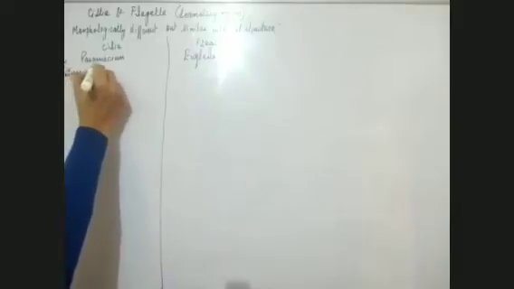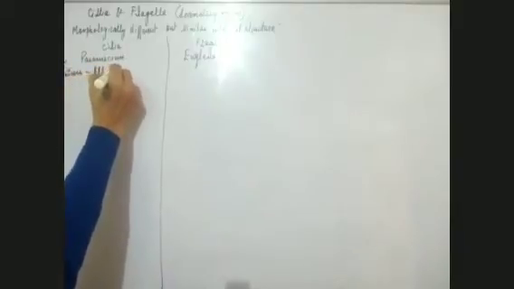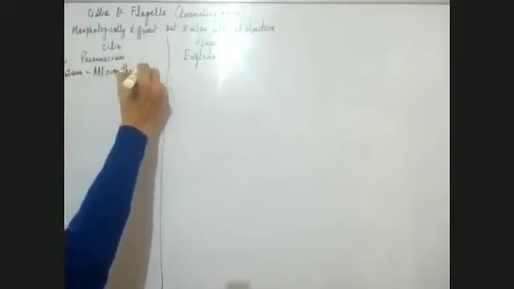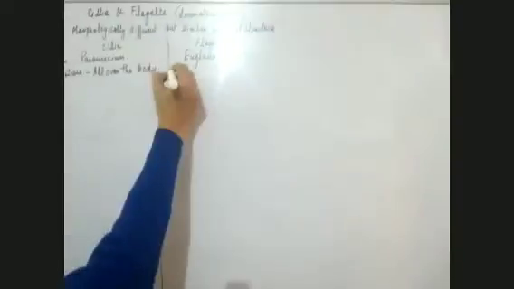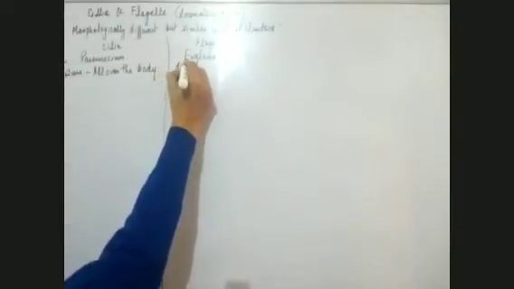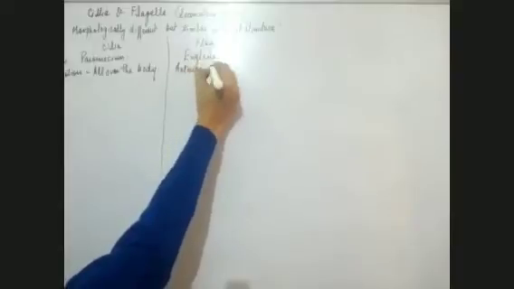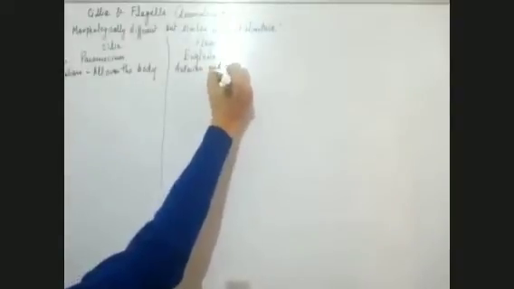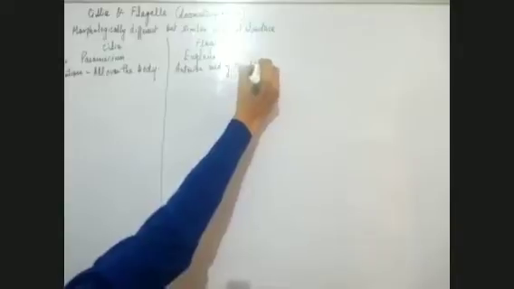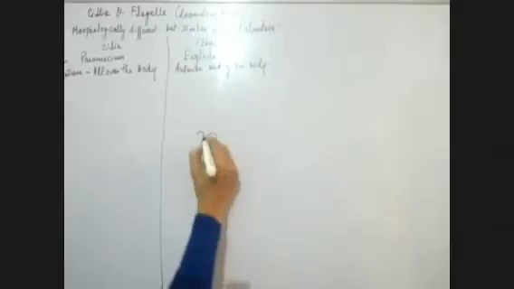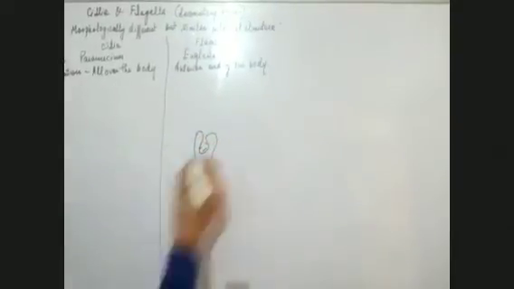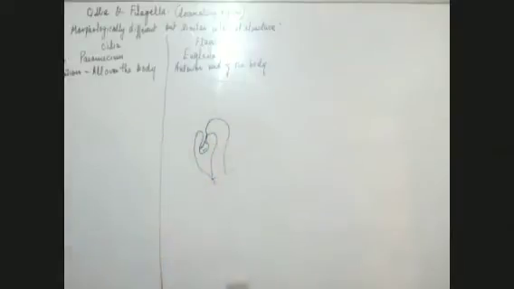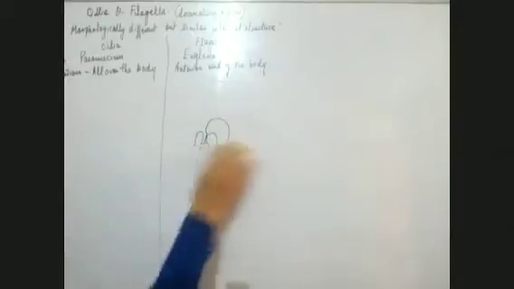These are present all over the body in paramecium. And in case of euglena, the flagella is present on the anterior end of the body. I made euglena for you like this, and this is the anterior end, this is the posterior end. So the flagella was present here at the anterior end of the body.